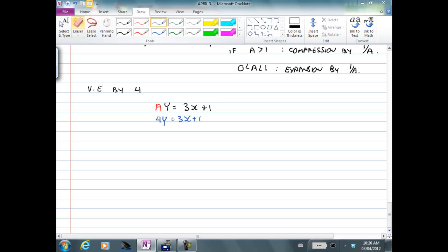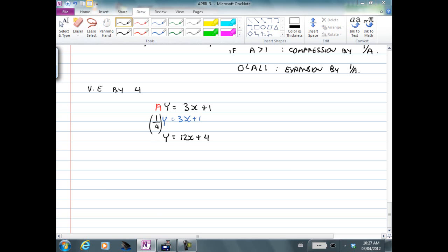See, that 4 is not correct. You got to use the reciprocal of 4. So in reality, this should be 1 over 4. The reason why is when you get y by itself, this 1 over 4 actually becomes 4. So therefore, sometimes they may ask you to take it one step further by bringing the 1/4 over. So this becomes 12x plus 4.